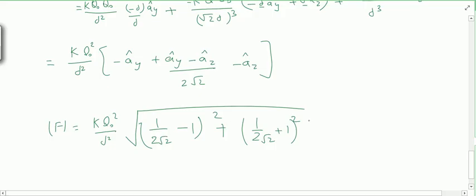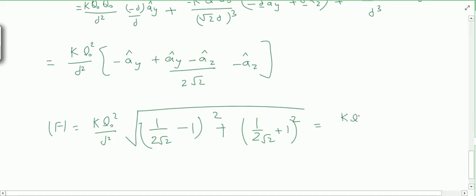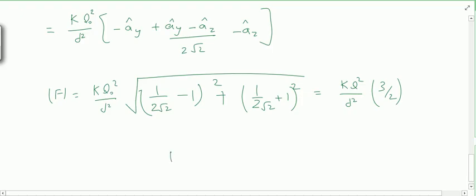If you simplify this, it will be k q naught square by d square, and after solving, 3 by 2 will come, so this will be the magnitude.